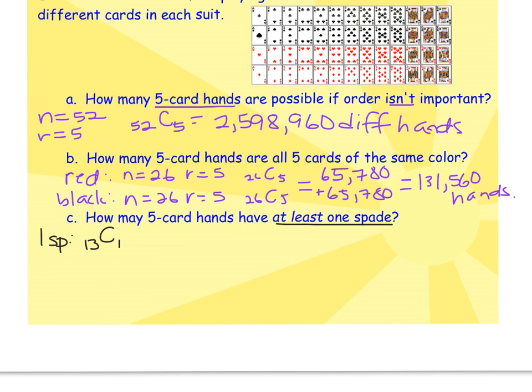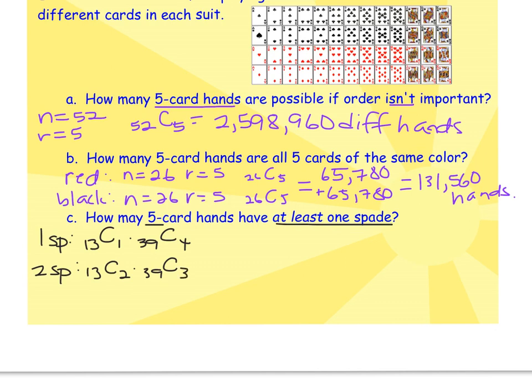But we have a 5-card hand, not just a 1-card hand. So now I have to think about how many cards aren't spades for the cards I need left over. There are 39 cards that aren't spades, and I would need 4 of those cards in my hand. Okay, 2 spades. Again, there are 13 cards that are spades, but then I need 3 more cards that aren't spades. See how this is kind of tricky?